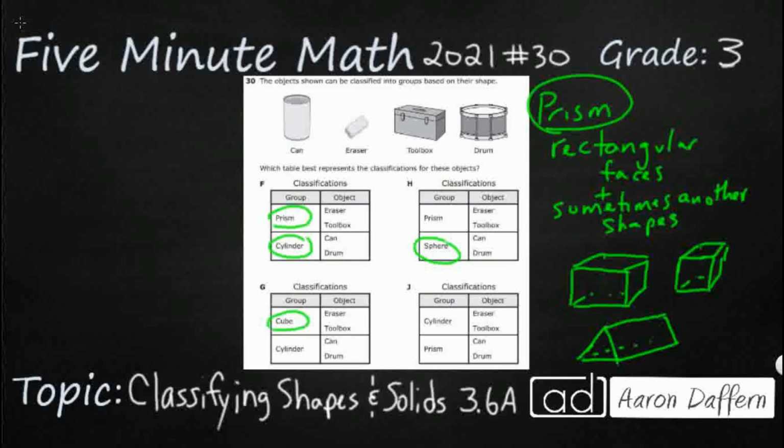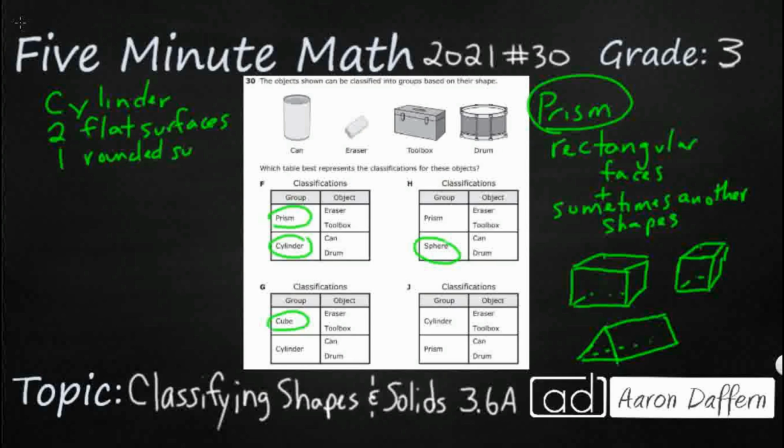So a cylinder is pretty simple. Now they could be short and fat, they could be long and skinny, right? But what you do is you have two flat surfaces. We're not going to call them faces because they don't have edges. So you have two flat surfaces connected by one rounded surface.